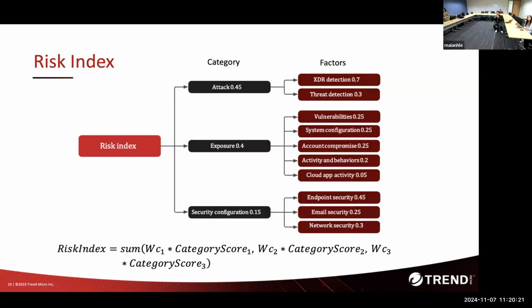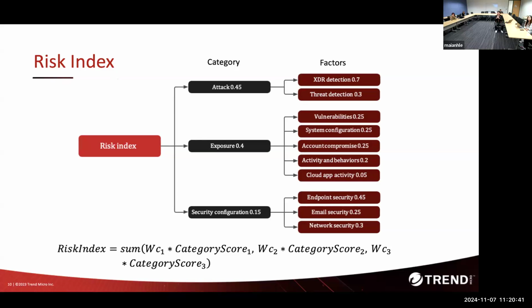The risk index is composed of 3 categories: the attack intensity, the exposure, and then the security configuration. So how intense is the attack? Are there people actually trying to break into your cyber castle? That's one factor.